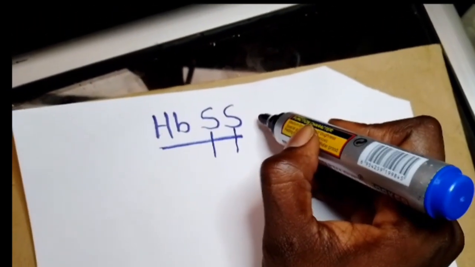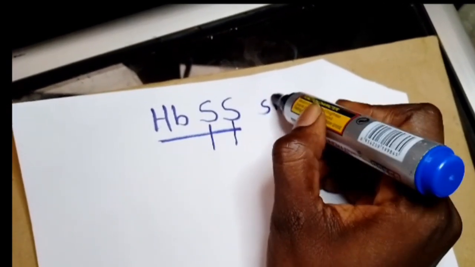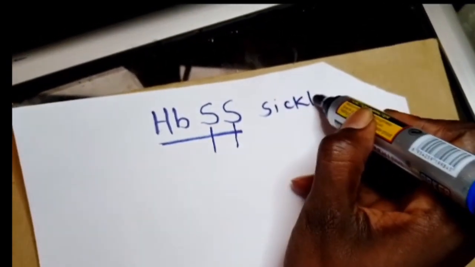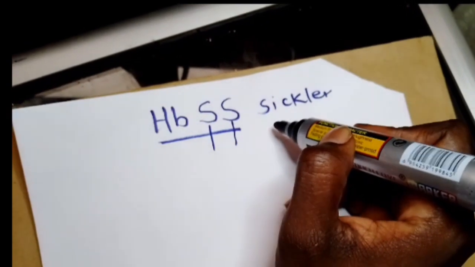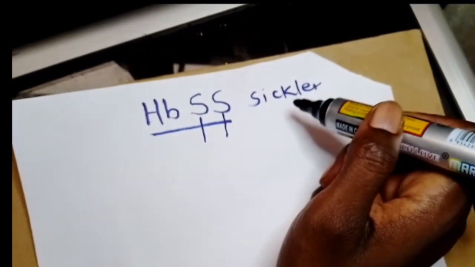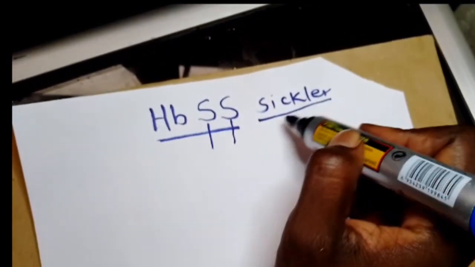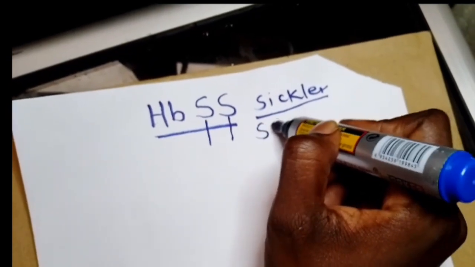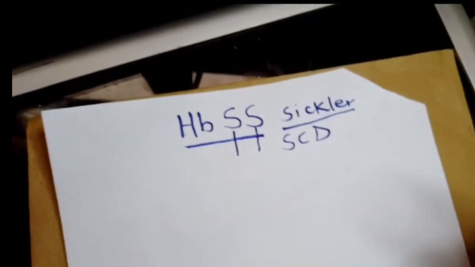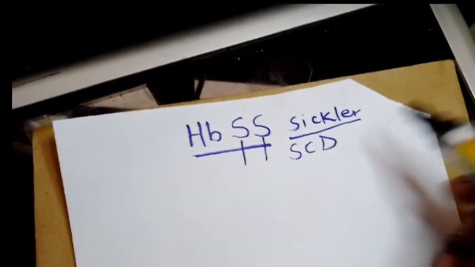So this person is who we call a sickler, like me. And we want to see the different scenarios where a person can have sickle cell disease. Okay, this is the same.